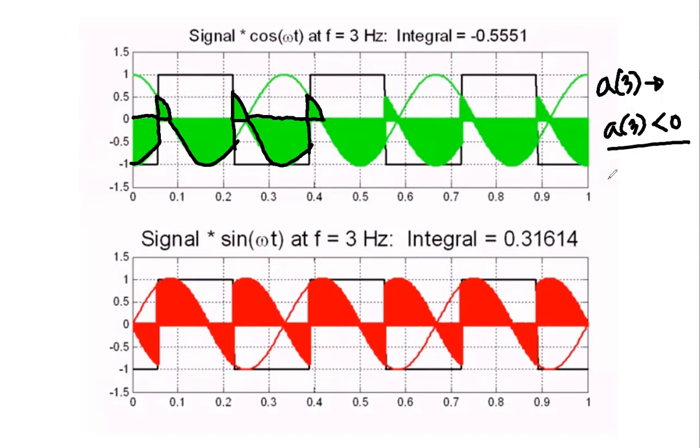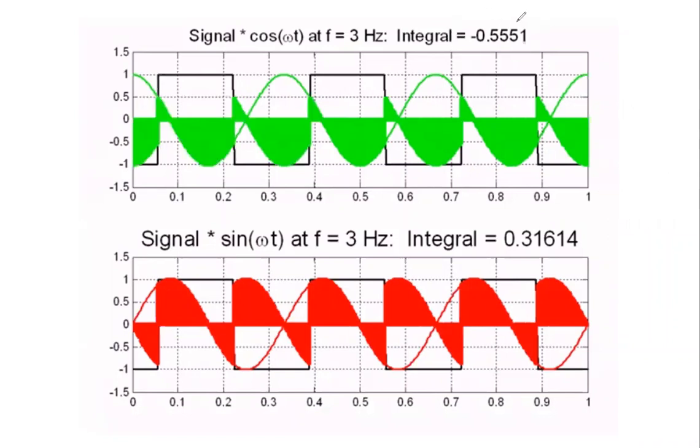Let's say A3 is equal to minus 0.55. Whenever I take the square of that, definitely you get the magnitude portion from there. That's why it is very effective: even though you are getting a negative value, you still have the value. So A3 is equal to minus 0.555, which is a very high value.